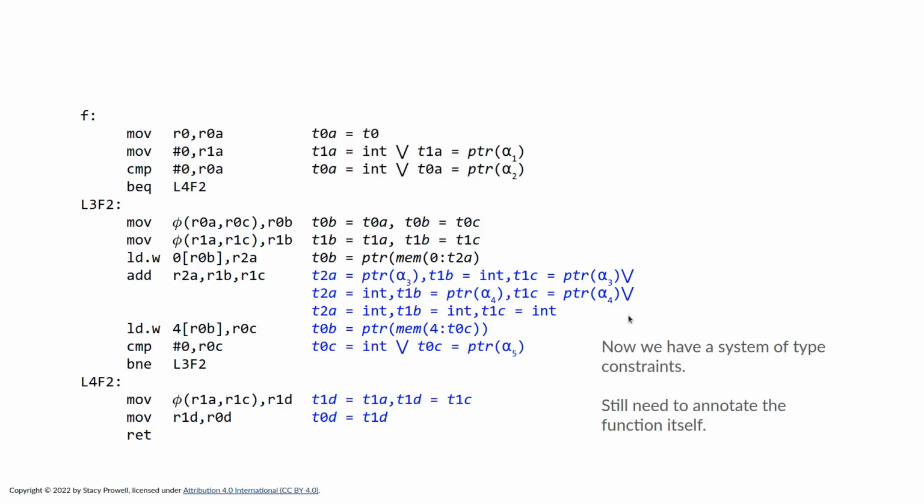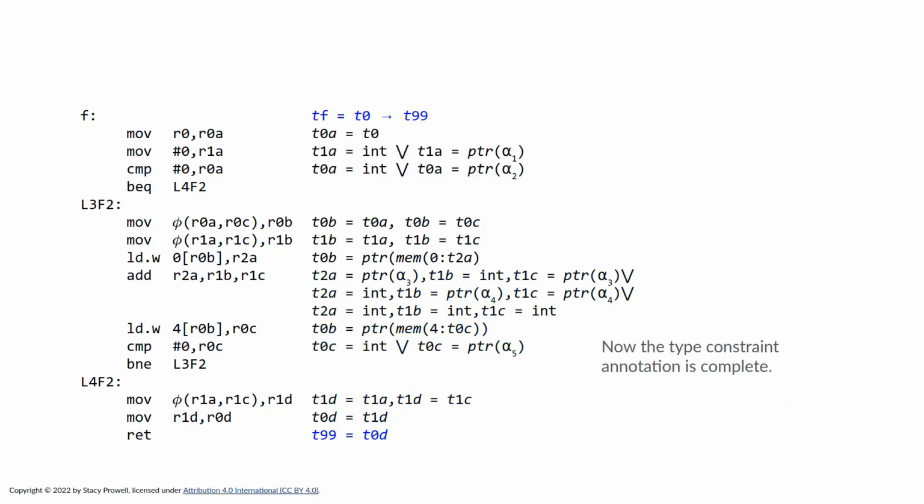So there we go. We wind up with a set of type constraints from Mycroft. We still need to annotate the function itself, right? What does F's function signature look like? Well, he uses T99 to indicate the return, and the return is going to be in R0, and we know R0 at this point, the value in there has type T0D, and so there's the type for the return value.